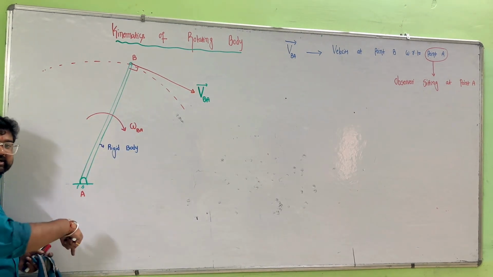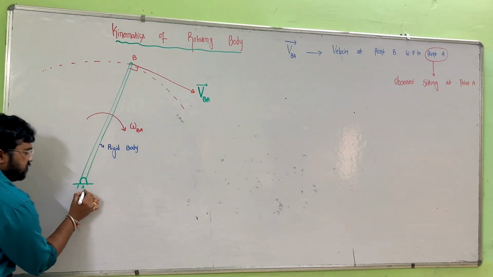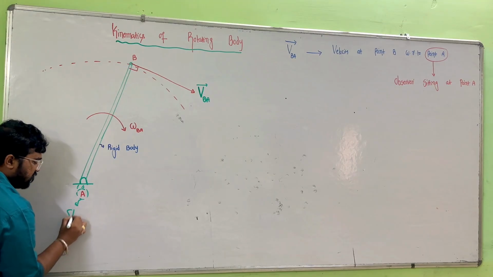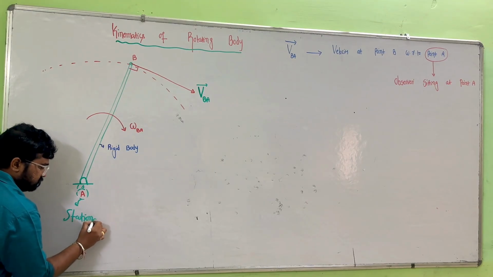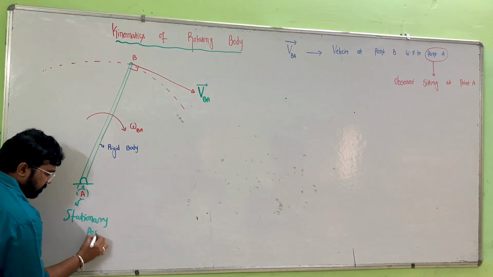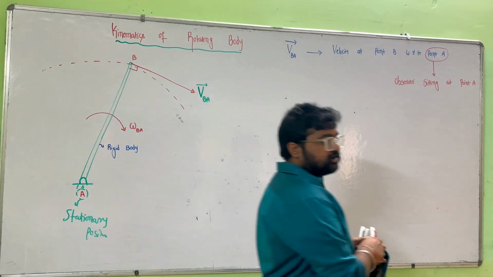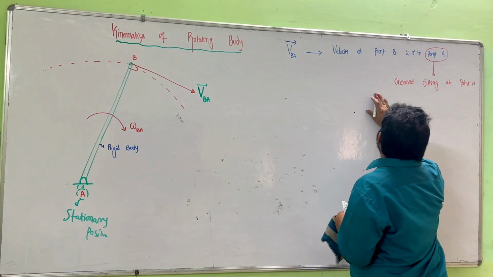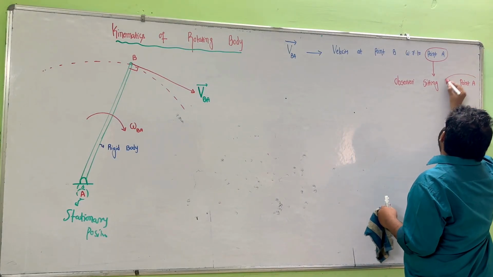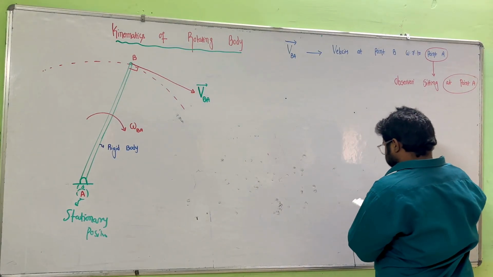Point A is what? A stationary position. The observer is sitting at a stationary position.